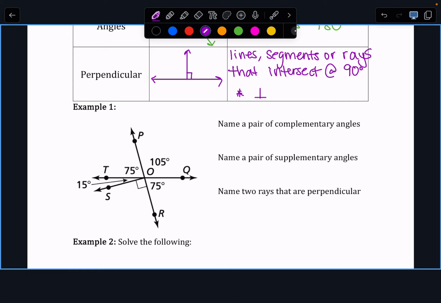One of the angles could be angle TOS because it's 15 degrees. So you could do ROQ or you could do TOP. 75 plus 15 is 100, or excuse me, is 90, so those are complementary.